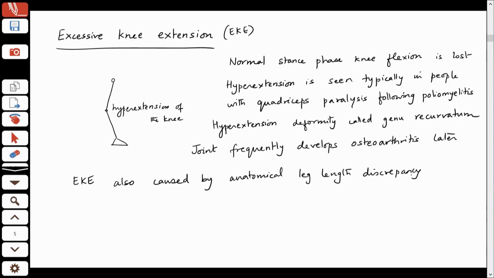When they are standing, if one leg is shorter than the other, then standing with the weight balanced is difficult, and so they may tend to hyperextend the knee when they are standing, so that all the weight is not on the longer leg. Or actually when they are standing on the longer leg, because most of the weight is on the longer leg, that is when this will tend to happen.